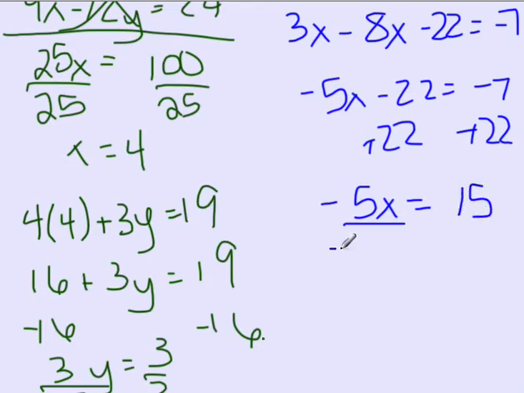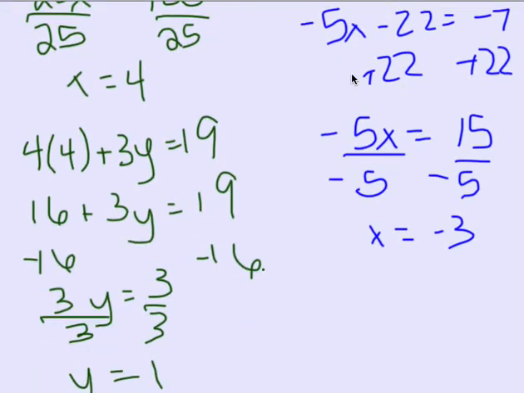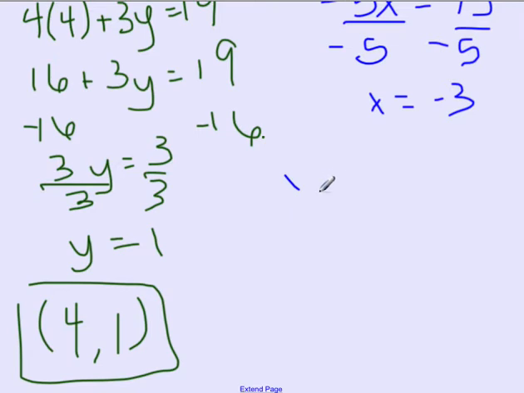Then I'm going to divide both sides by a negative 5, and I end up getting that x is equal to a negative 3. So where I see x up top, I can plug it in here or here. Well, to me, it's smarter to plug it in that top one because I can plug in the negative 3 for the x.